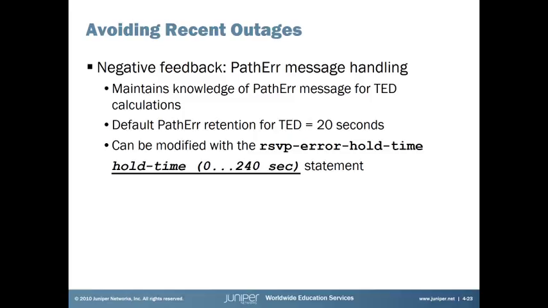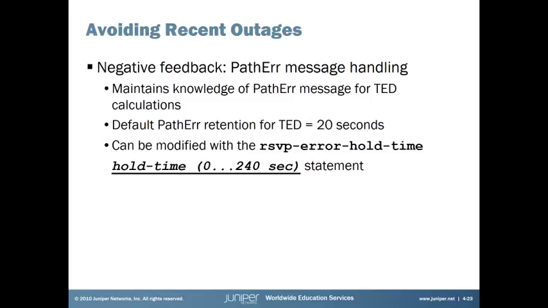The default is 20 seconds. You can configure it from 0 to 240 seconds. But what it does is that it absolutely cans the metric on that path. So it absolutely gives it a horrible metric so that it will never ever be selected as a path. And it will hold that for 20 seconds by default, or for more or less depending on what you configure it to be.